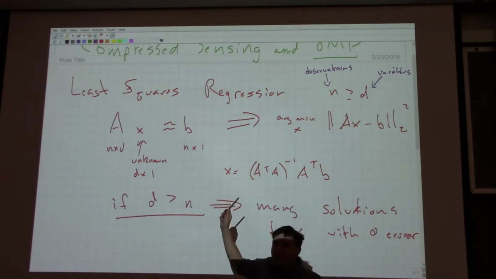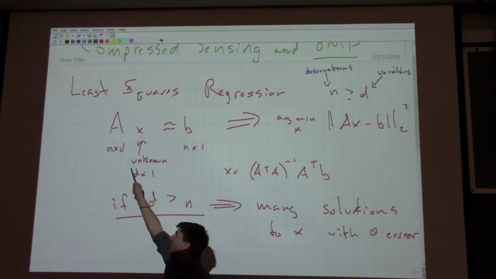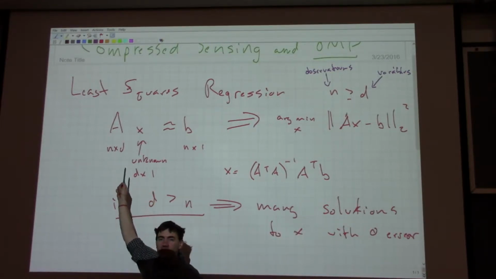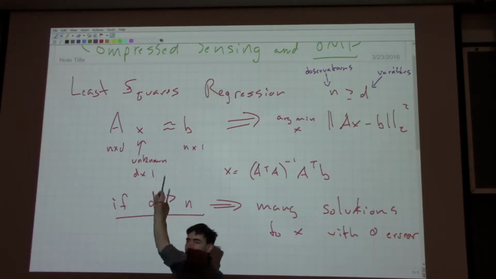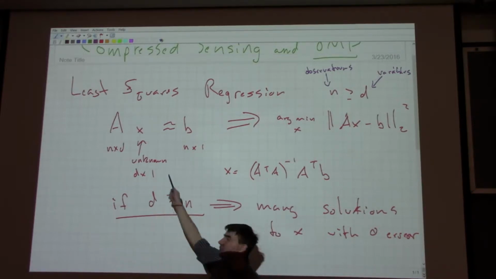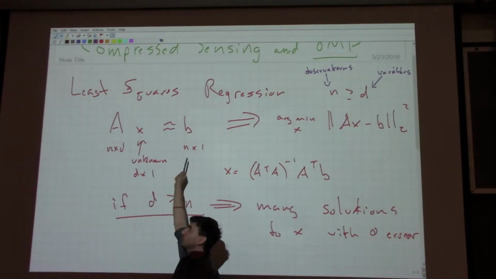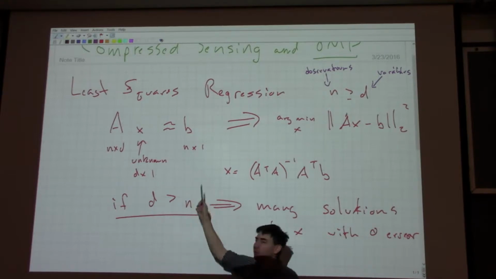Okay, and so I could go back and take your data at the end of the semester. A is all the measurements I have about you, and b is your grade at the end, and x is the model. How do I map between the measurements and the grade at the end?